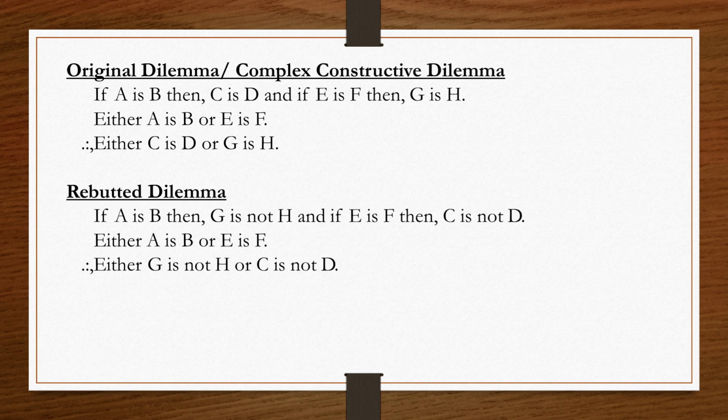Then in the minor premise, we have affirmed disjunctively the antecedents, A is B or E is F. Then in the conclusion, we have affirmed the consequents disjunctively, either C is D or G is H.